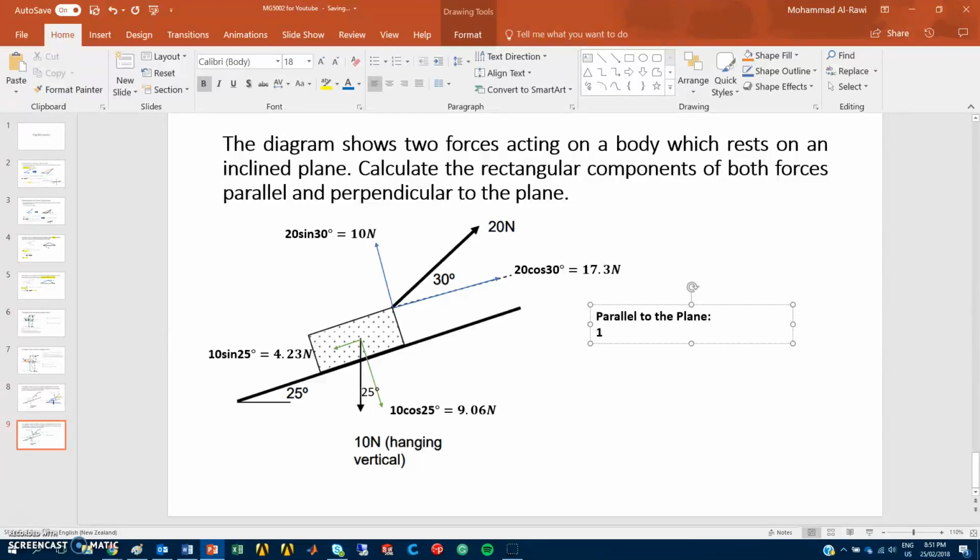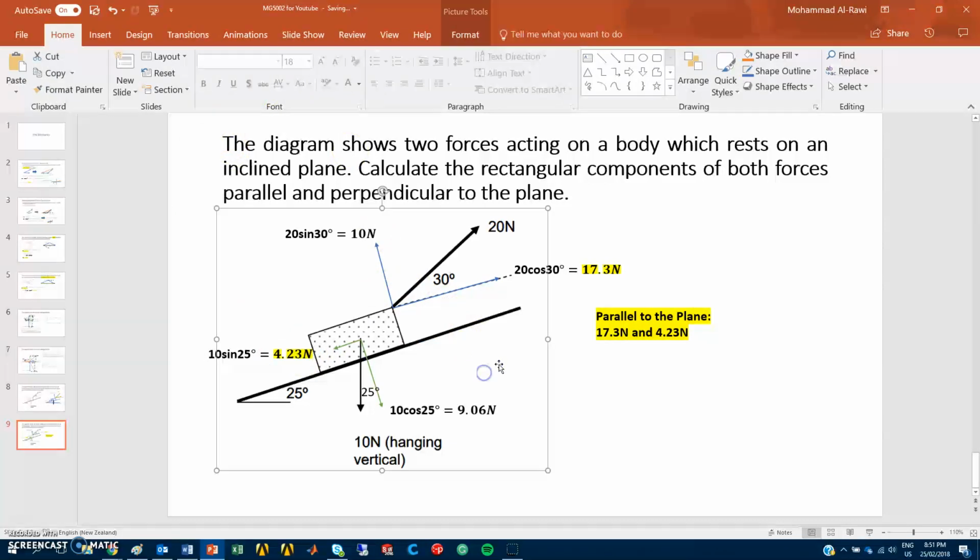One is 17.3 newtons, and the other one is 4.23 newtons. And I will highlight these forces in yellow so you can understand what the parallel ones are. And that's the other one, which is also a parallel force.